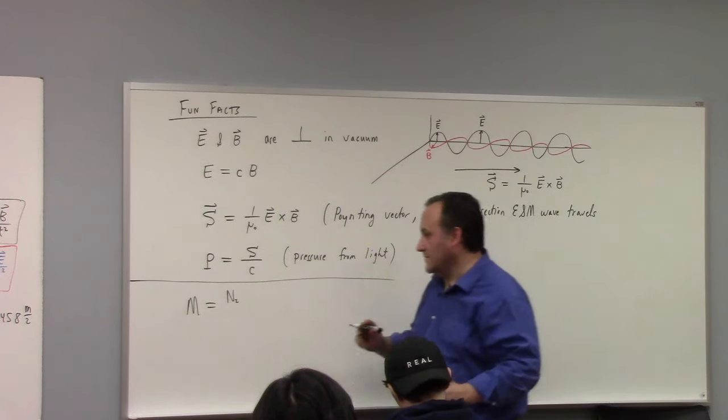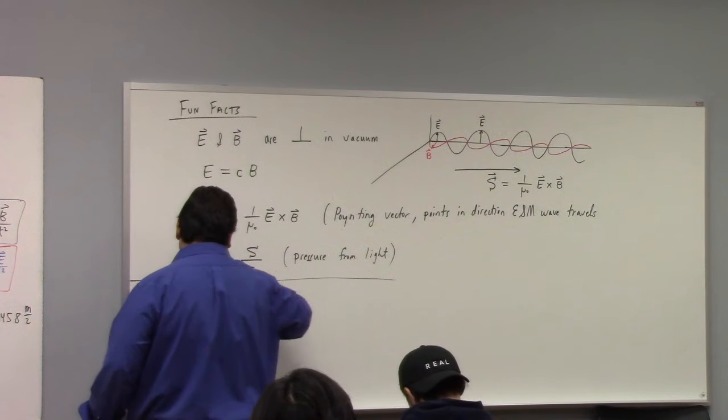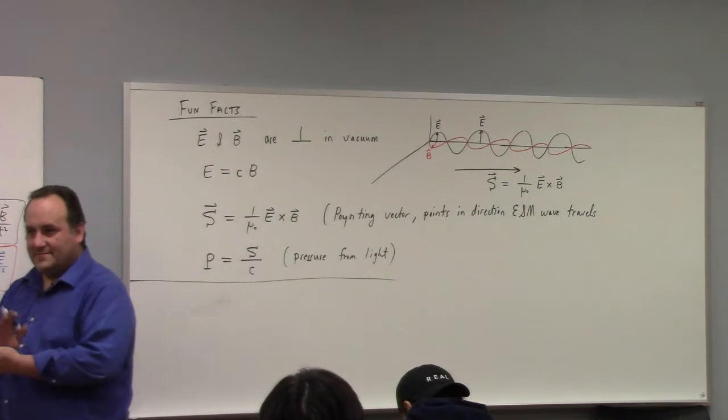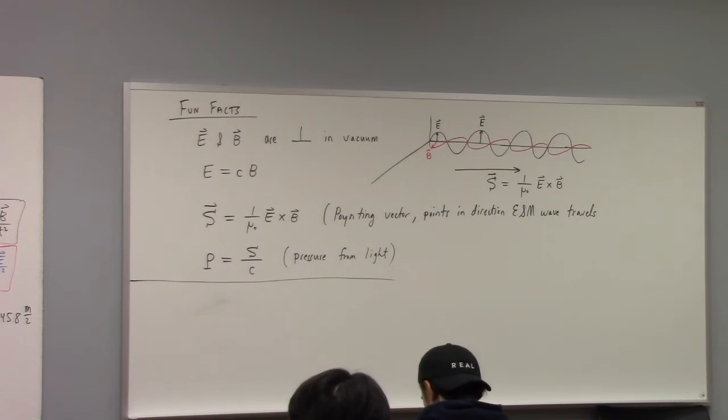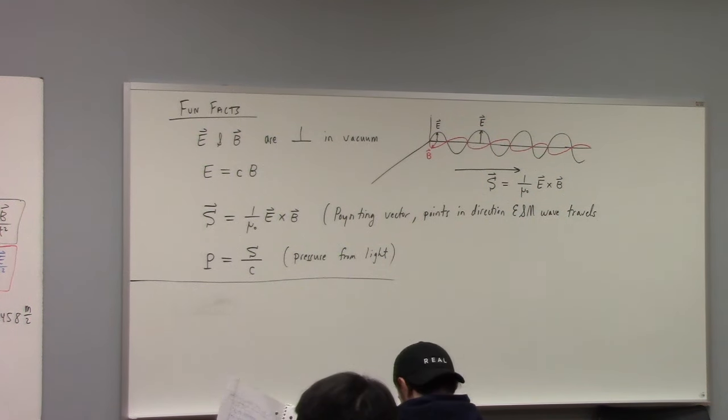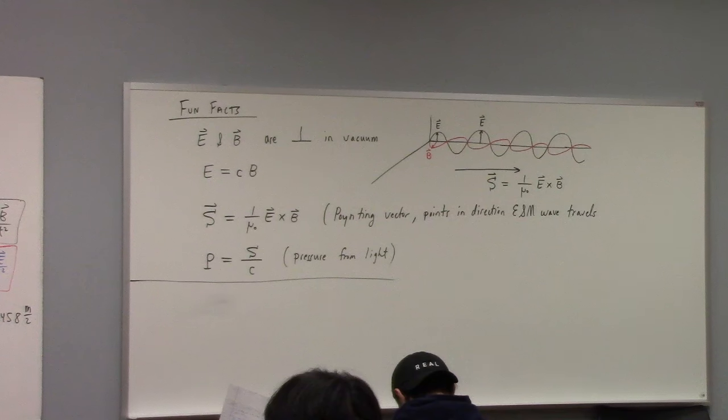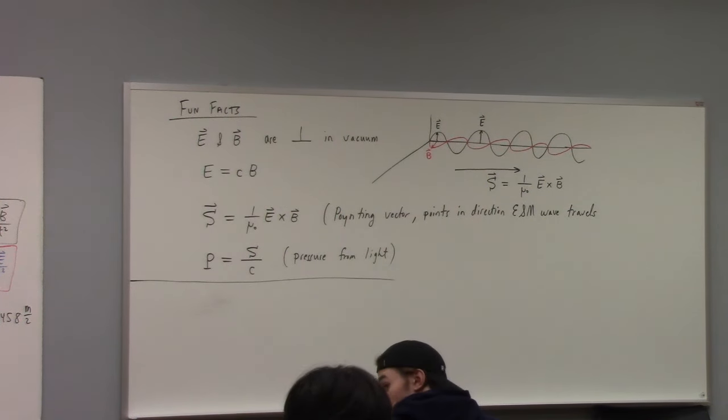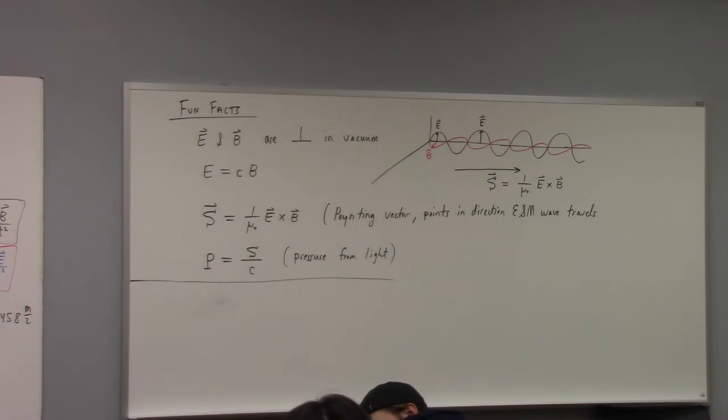E1 equals N1. Mu0, N1, N2, A over L. Who writes down everything in here? I write down everything. Could it be anywhere here? Over here. Oh, yeah, that one. So M is E1 over dI1/dt.